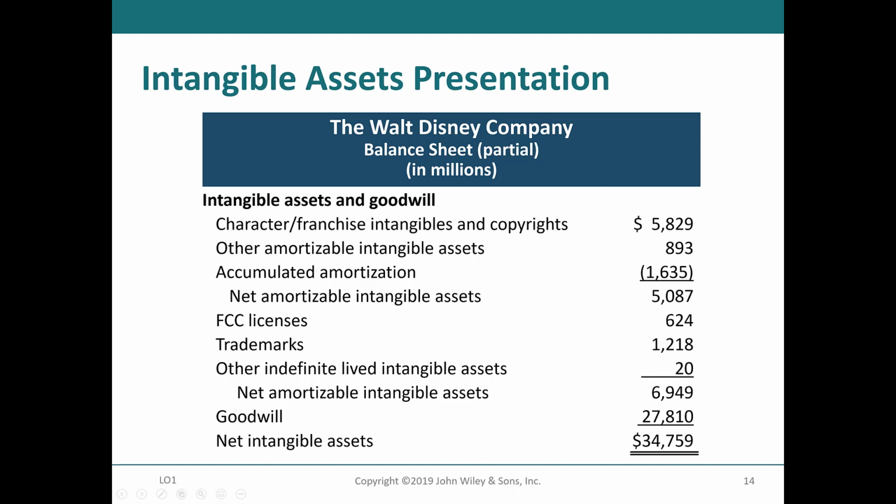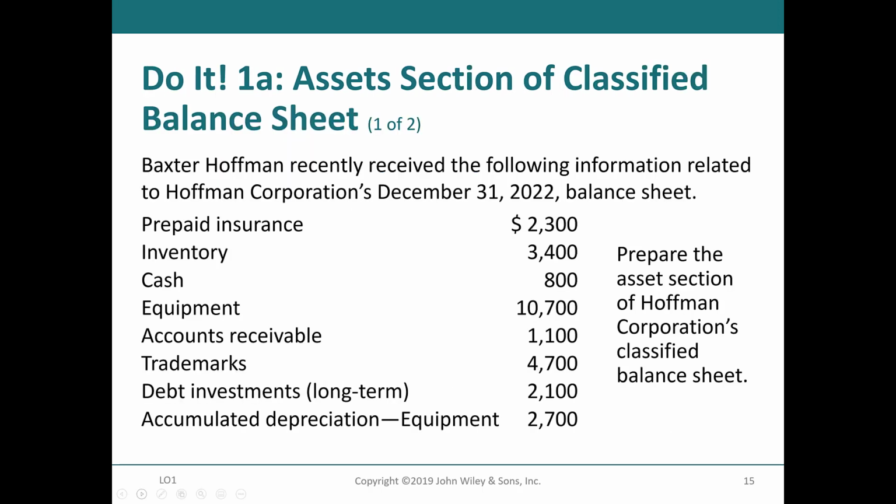We have the character, franchise intangibles and copyrights, other amortizable intangible assets, accumulated amortization, net amortizable intangible assets. These are just examples of intangible assets. Now, amortization has the same idea as depreciation, just that the word amortization is used for intangible assets, whereas depreciation is used for tangible assets.